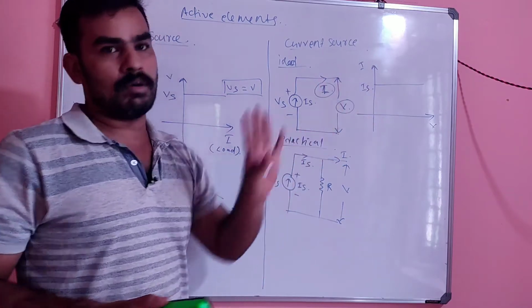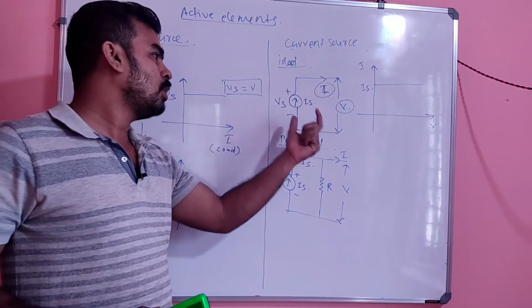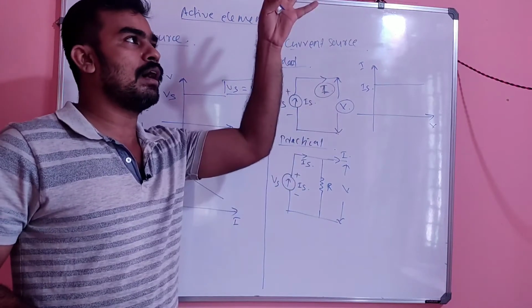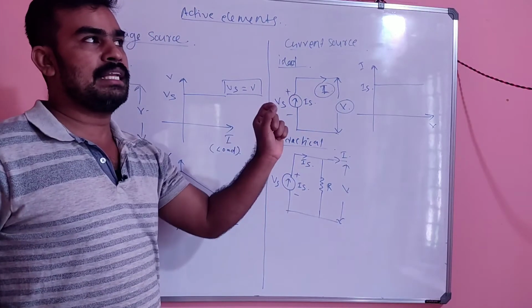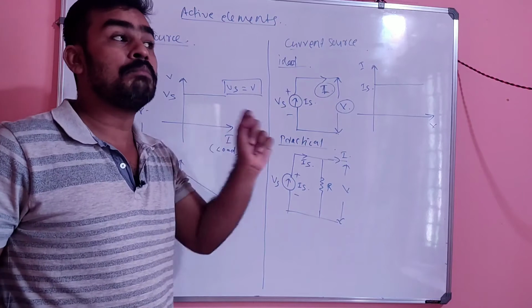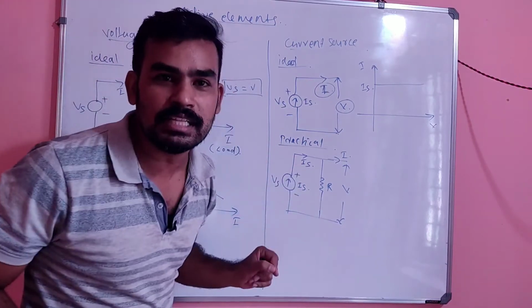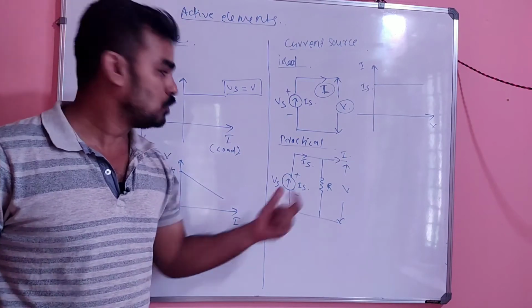Ideal means always constant. Practical means something which is deviating. Ideal current source means current is always constant irrespective of the voltage. Practical means the current should be reduced. For the current to be reduced, something should be there in parallel with the load.